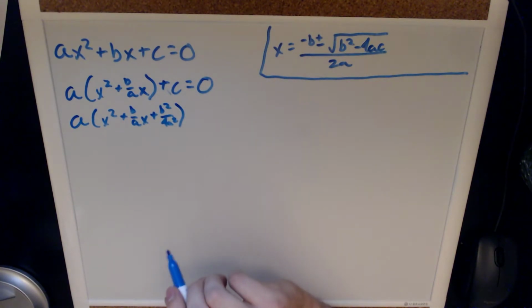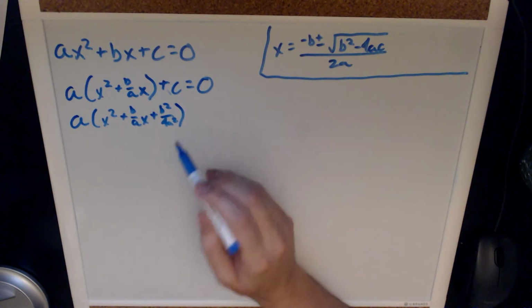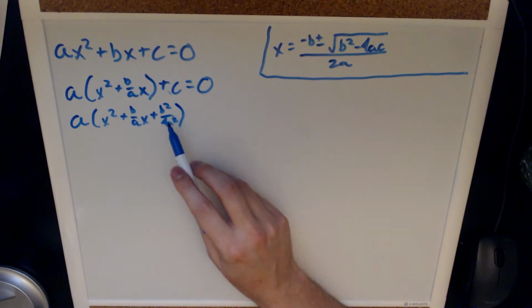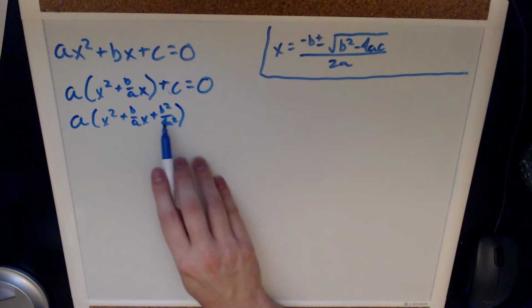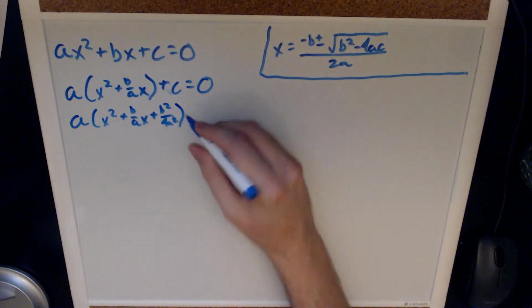We've added a value to the equation and so must also subtract it from the equation in order to not change the value. We do this by subtracting not just the value that we added inside the parentheses, but because we are subtracting it outside the parentheses, we must subtract it times the a outside the parentheses.